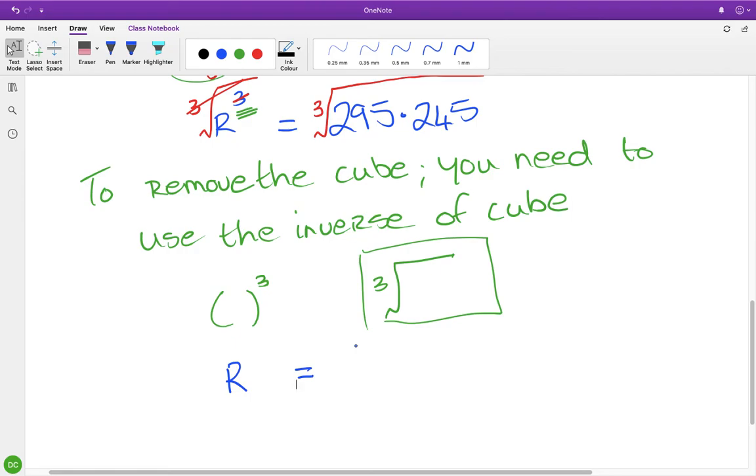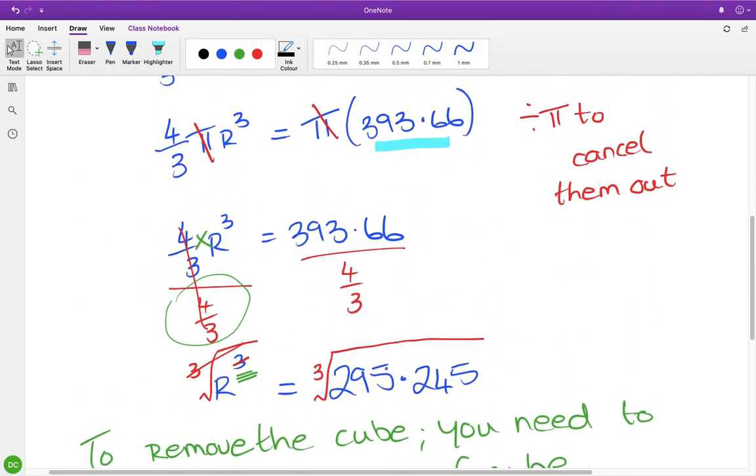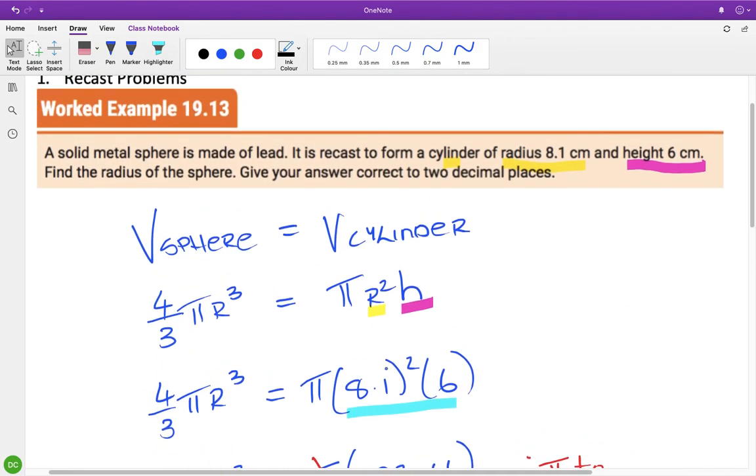So I'm going to use my calculator to get the cubed root. I need to use shift and square root to get the cube root. And it gives me 6.65877, and it goes on. If I scroll back up to the question so we can highlight this, it asks for our answer correct to 2 decimal places.